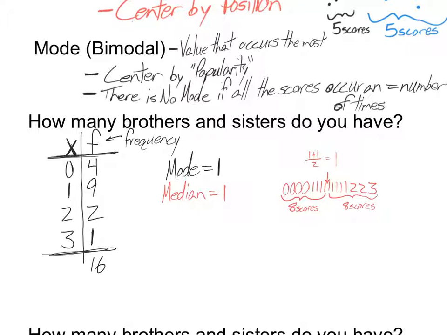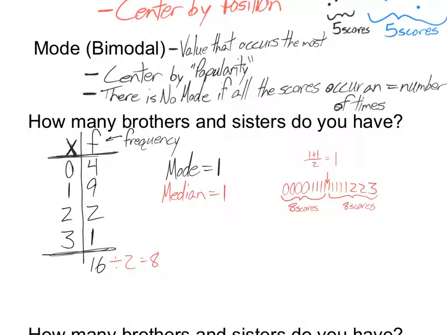Now, here's the deal. I don't have to write all those out, thankfully, because if we did this for the whole high school and had, I don't know, 1,000 people's worth in the frequency, we'd have to write out all 1,000 and find the middle. We don't have to, because since there are 16 people, if we cut that in half, we get 8.